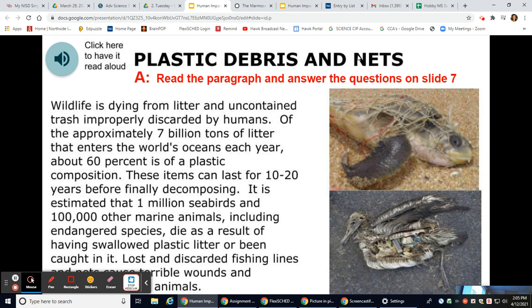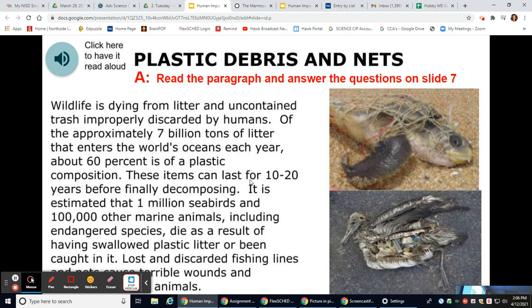Plastic debris and nets. Let's read the paragraph to answer the questions on slide 7. Wildlife is dying from litter and uncontained trash improperly discarded by humans. Of the approximately 7 billion tons of litter that enters the world's ocean each year, about 60% of its composition is plastic.